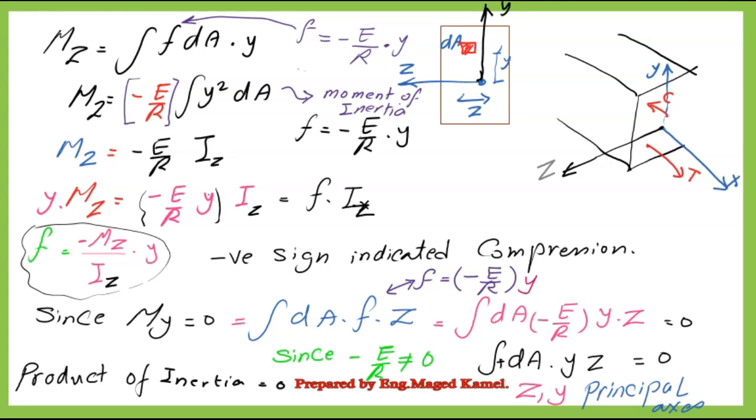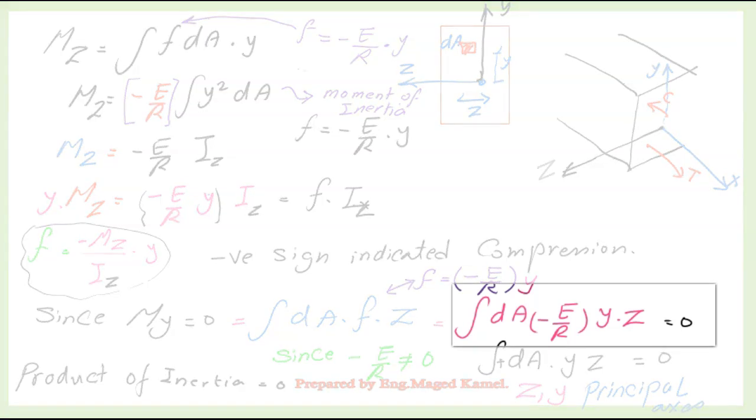Since we have an expression for the stress as minus E over R multiplied by y, we can rewrite the moment about y as m sub y equals the integration of dA by minus E by y over R, all multiplied by z.